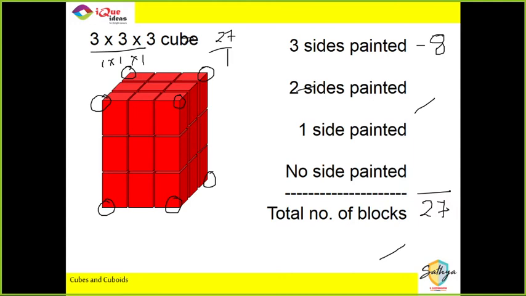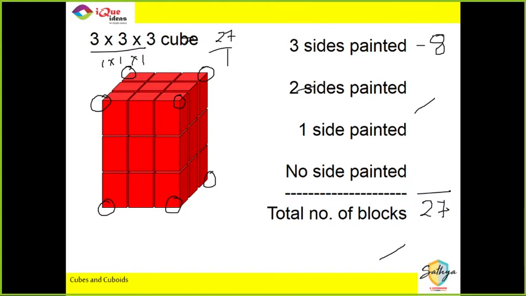I have split all 8 original vertices, so 8 pieces will be formed each having one vertex. That means 8 pieces will have 3 sides painted. So this figure of 3 sides painted more or less will always be 8. Did you understand this?